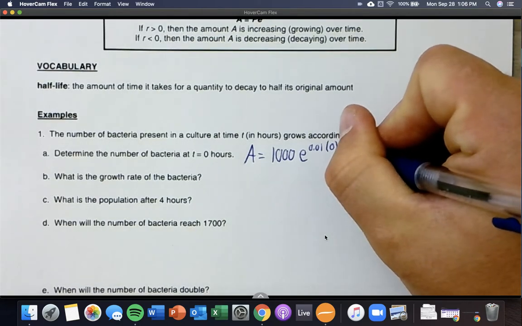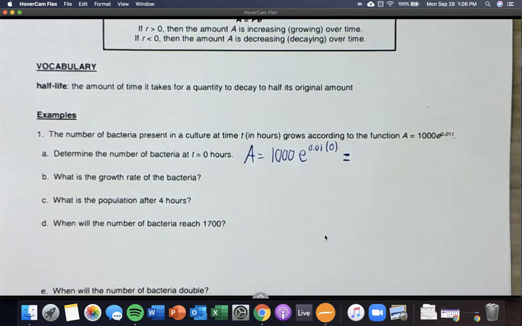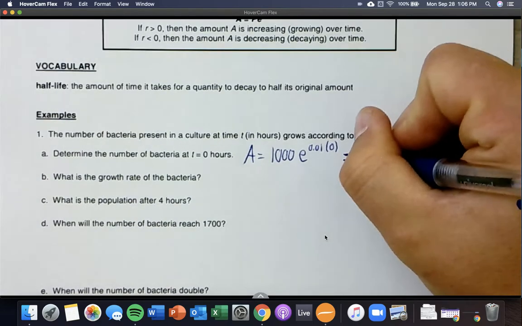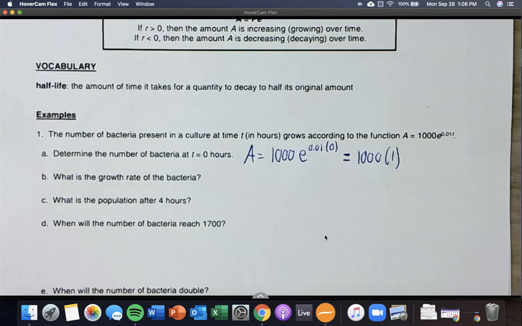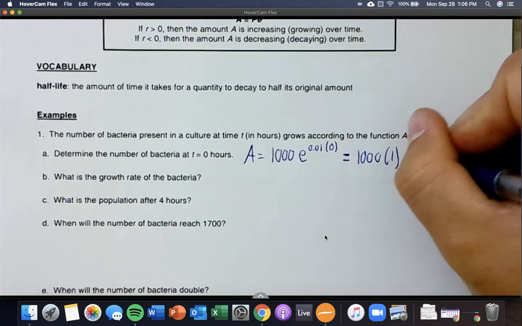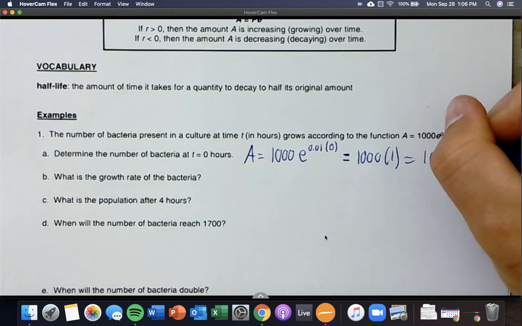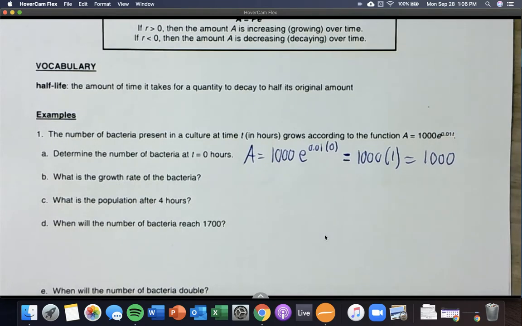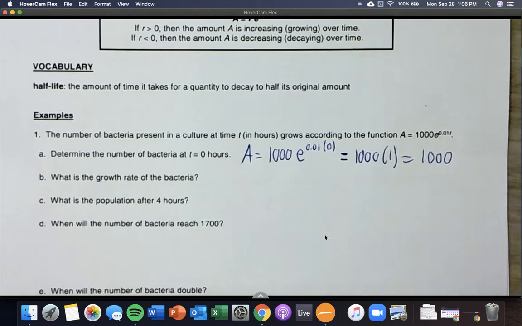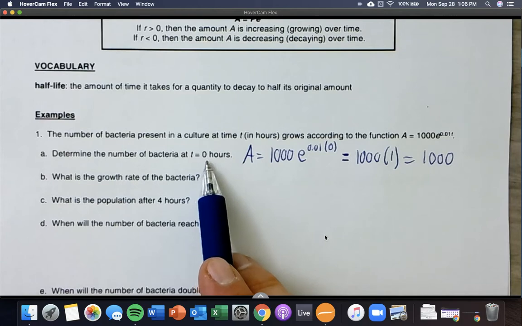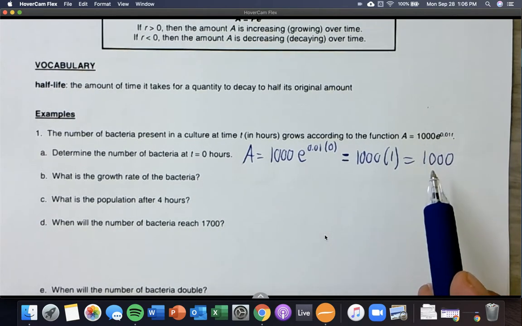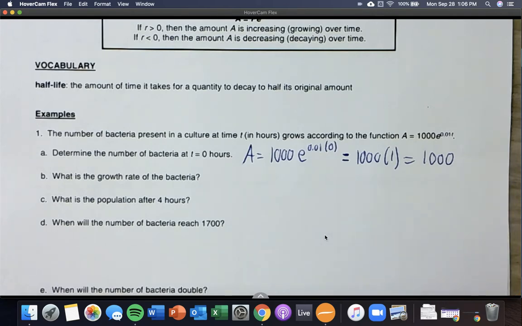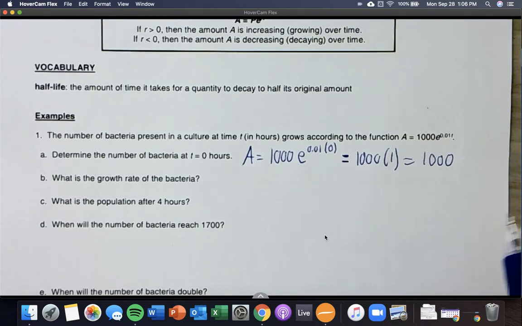Knowing our exponents, anything raised to the 0 power just turns into 1. So this becomes 1000 times 1, which is just 1000, and that makes sense. No time went by, so the amount wouldn't change. It would just stay the same. It's 1000.